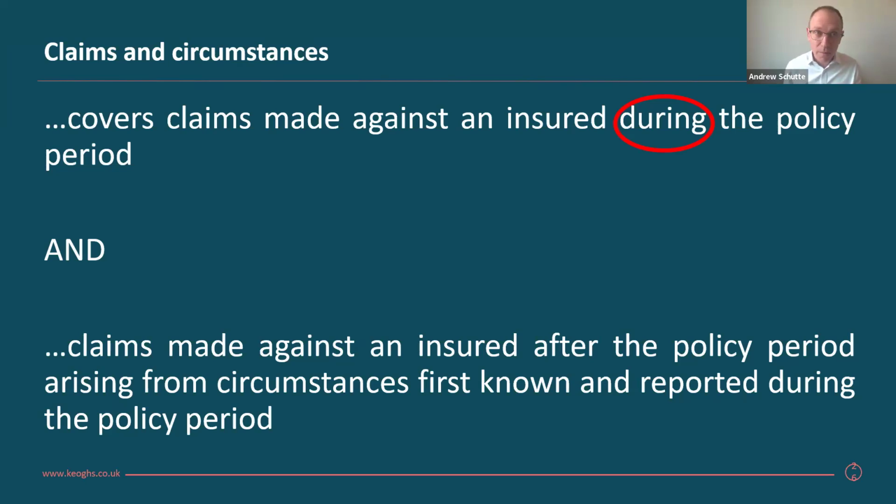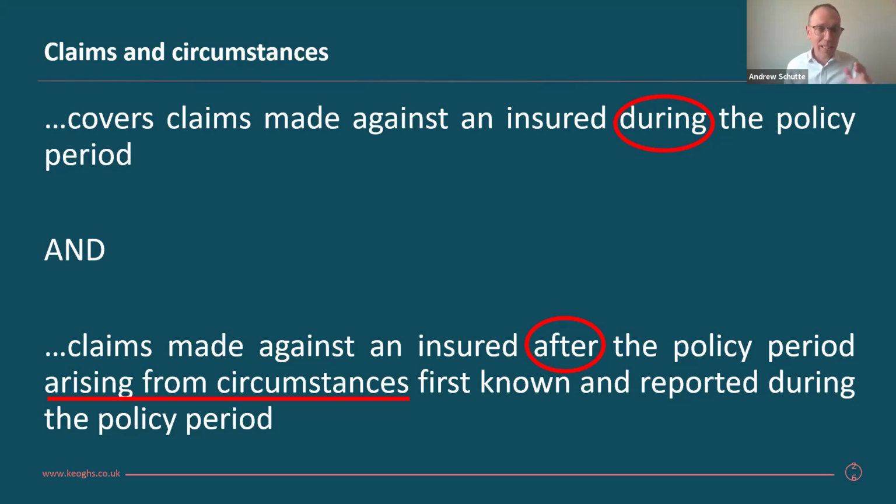But we are also covering claims that are made against the insured after the policy period if they arise from circumstances first known or discovered and reported to insurers by the insured during the policy period. And that language about the circumstances is really important, and little changes can make a big difference.